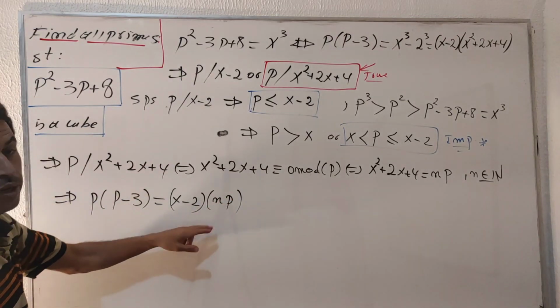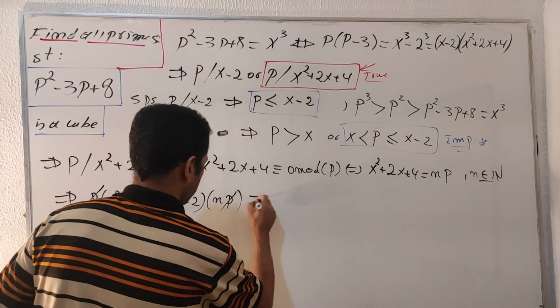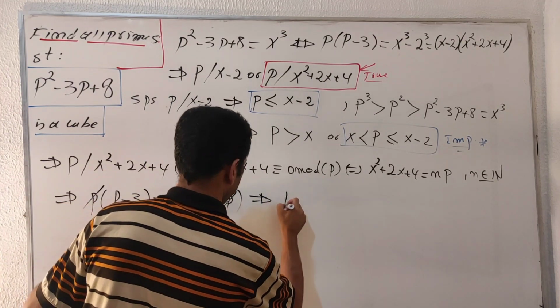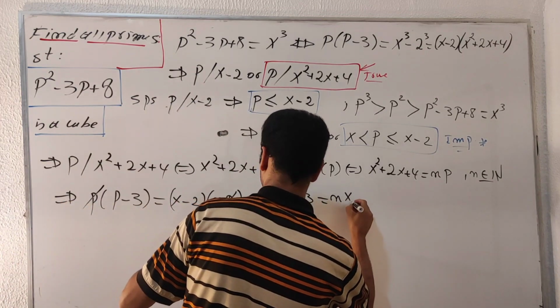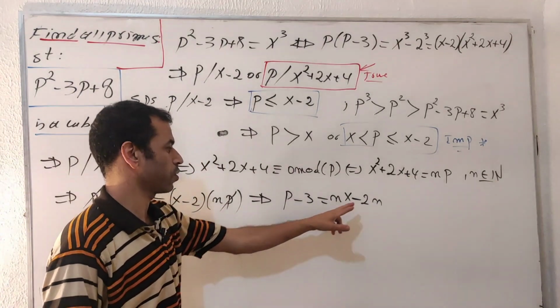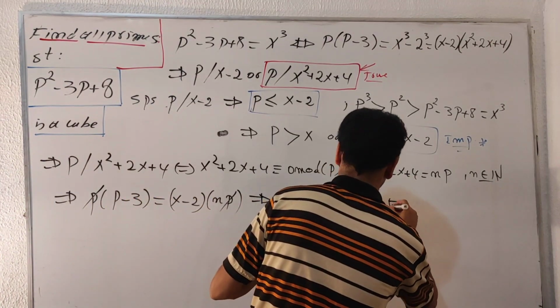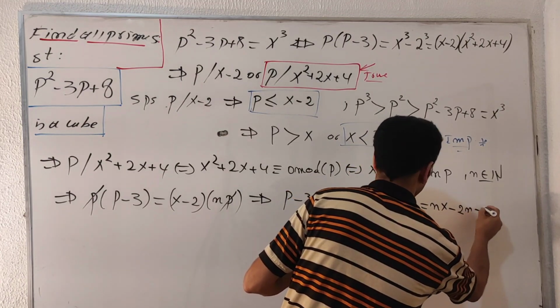Since p is a prime, different from 0, I'm going to cancel out p from both sides. So we get the following: p minus 3 equals nx minus 2n. I'm moving minus 3 to the right, which means p equals nx minus 2n plus 3.